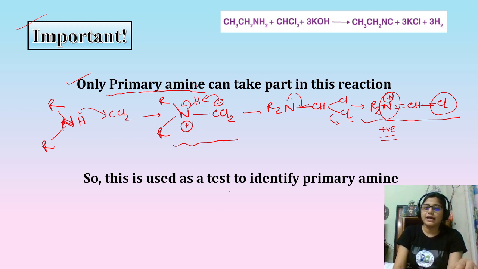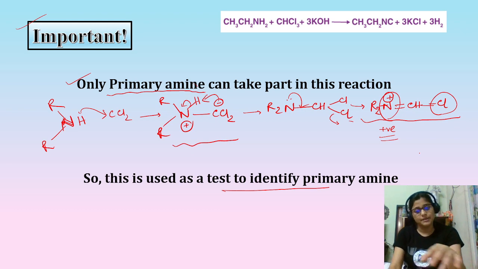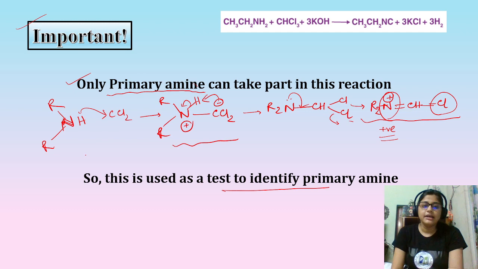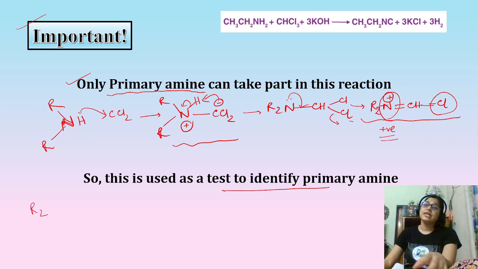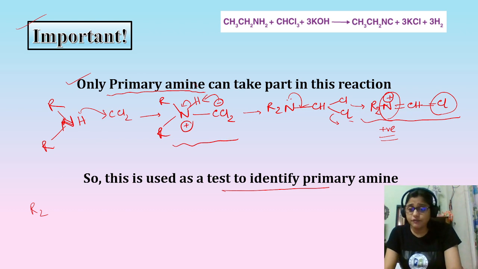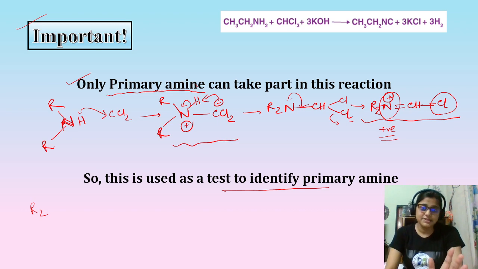So this is used to test, to identify the primary amine. Now, if you are asked that many secondary, tertiary, or primary amines are given, and you are asked which amines can undergo the carbylamine reaction, you will only choose the primary amines.